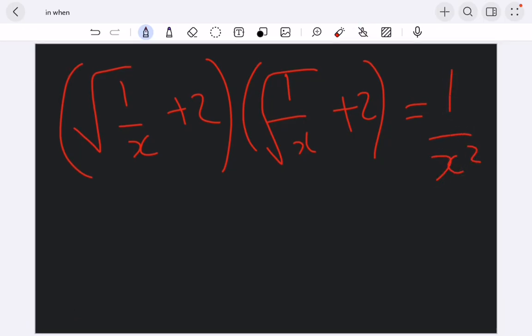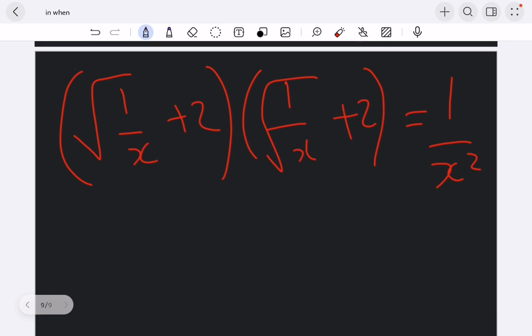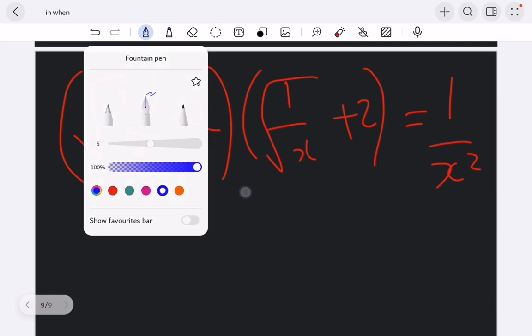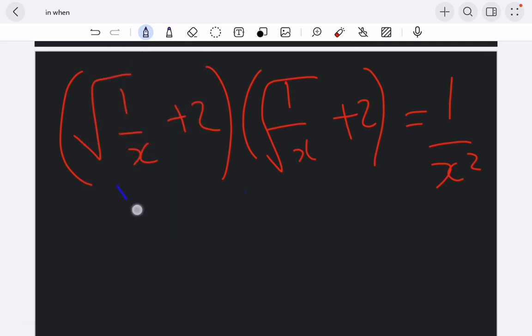If you don't understand what I did here, just make sure you understand your quadratic equations and how to expand them and FOIL them out. I think most people make a lot of mistakes. If you multiply this out, we want to FOIL it out at this point, right? So you're going to multiply this by this and this by that. If you multiply this and this, you're going to get 1 over x. Okay, these radicals are going away, right?